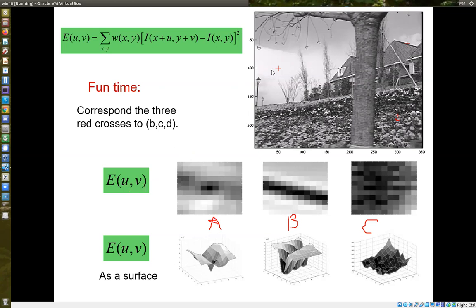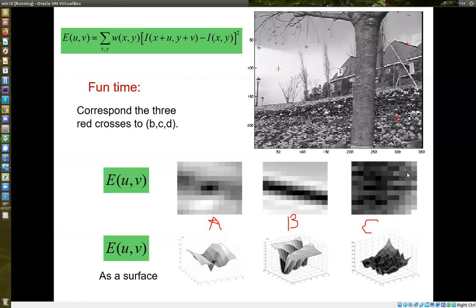So if I have this patch here and I move around, this whole region is more or less flat, so if I move around here, it shouldn't change much. So the EUV value for different U and V, for example if I shift just by one pixel horizontally, will be more or less zero, and shifting up is also more or less zero.